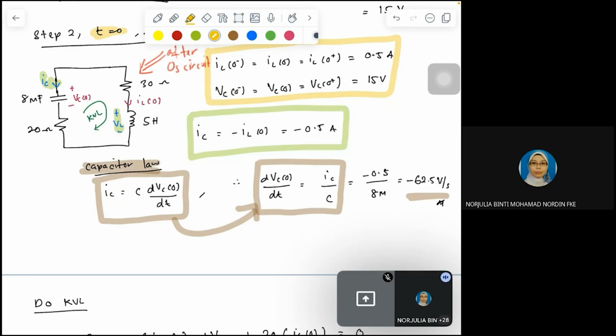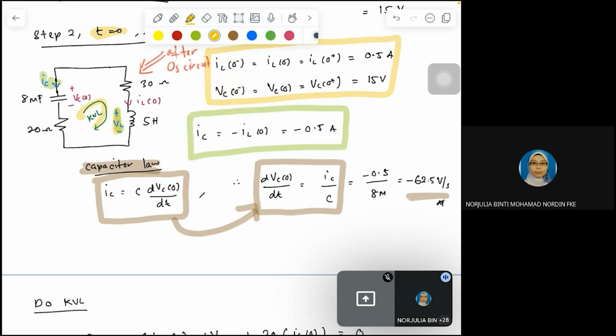Next, we need to find the V across the inductor. To find it, the only option that you have is to apply the KVL.